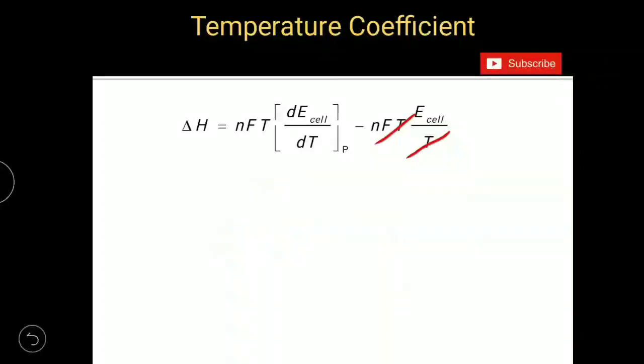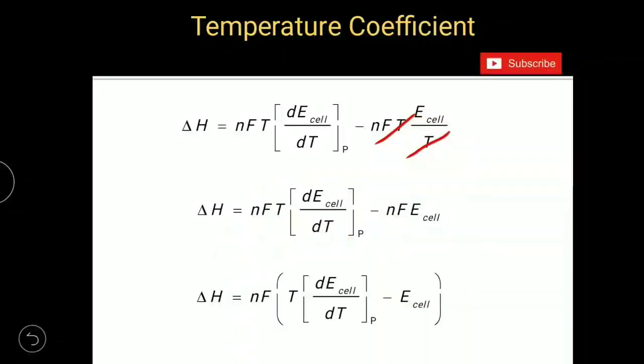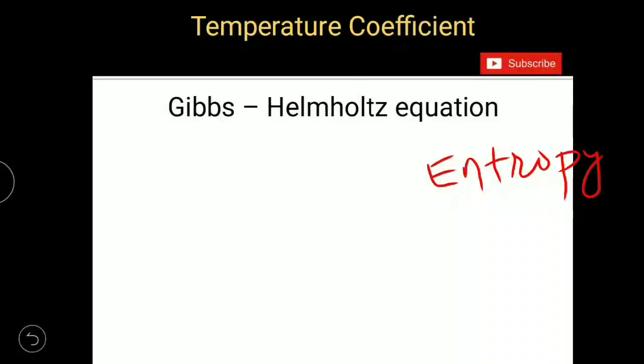Then the expression for enthalpy change will become delta H is equal to nFT into temperature coefficient minus nFE cell. You can take nF common from this, then delta H is equal to nF into (T into temperature coefficient minus E cell).